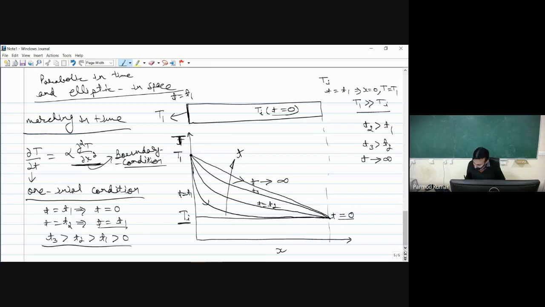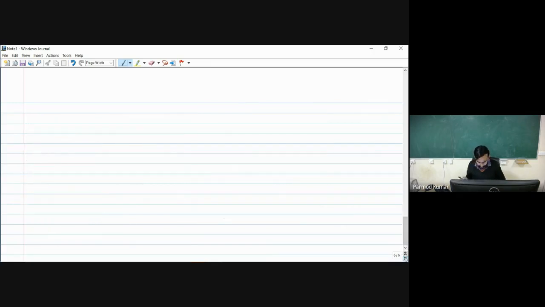So in another example, let me write only say our two-dimensional conduction equation. If I write the two-dimensional conduction equation, I can write del square T by del x square plus del square T divided by del y square equal to 0.